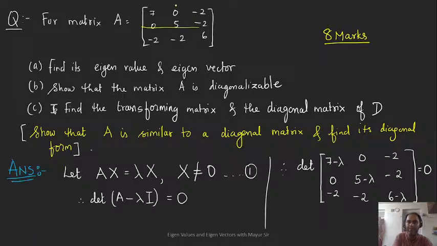Delete the second row and second column, and you get 7, 6, minus 2, minus 2. Can you tell me the M22 in the chat?